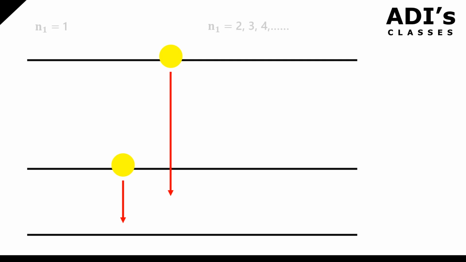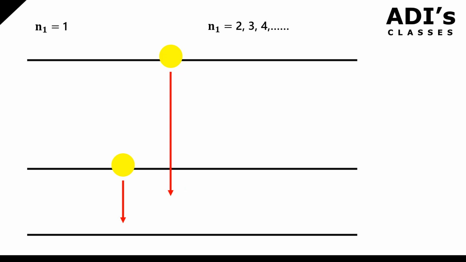In the sense, suppose an electron from the second orbit jumps to the first, or from the third to the first, whatever it is.